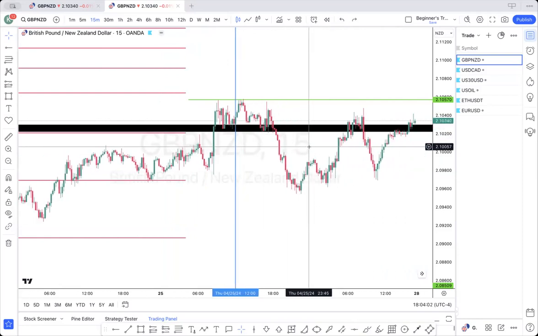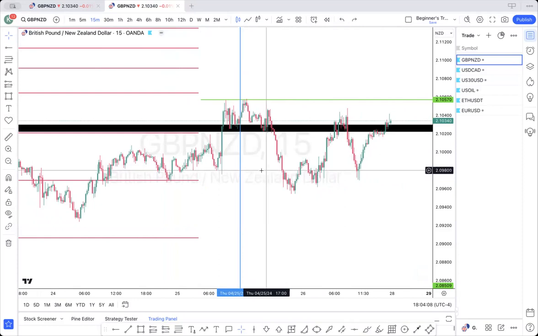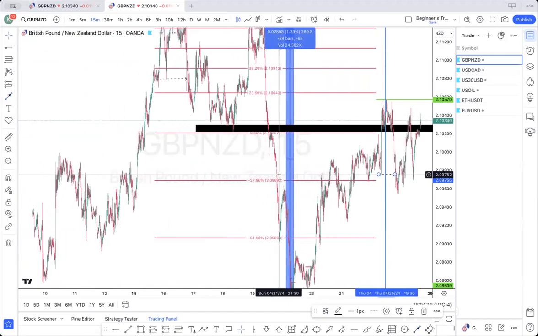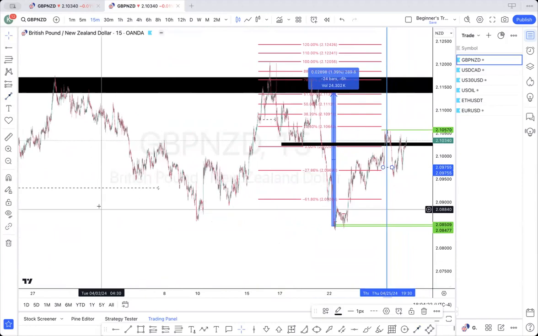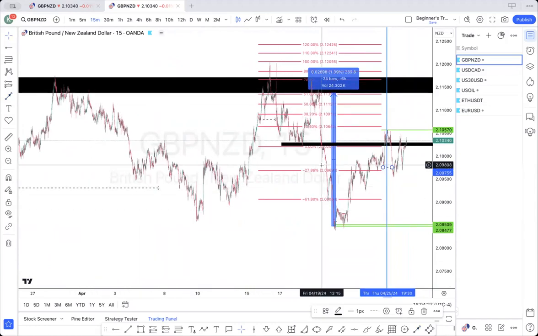So it broke that zone and then broke structure. So once it started breaking structure, now I'm back to my bias from over here where price broke, pulled back.